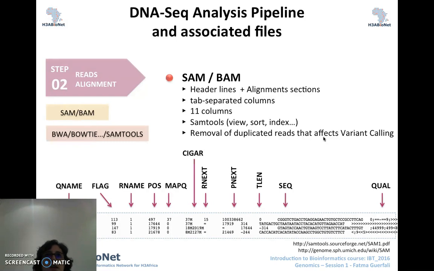This is a file that contains a header section and an alignment section. I won't be covering the header section because it contains different kinds of lines, different kinds of information, and I would invite you to have a look at the websites I'm indicating here for more details. The most important section is, of course, the alignment section, which contains different information about the read. The first one is what is called the QNAME, which is the read name. Then you have a flag, which is a bitwise set of flags, meaning that each bit corresponds to an explanation about the alignment.